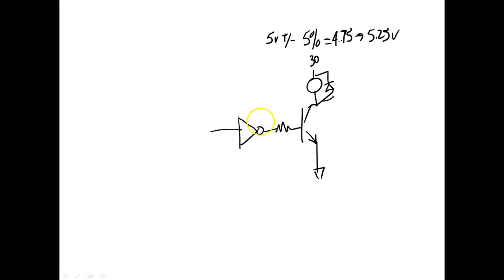For one thing, it can only source 400 microamps. Now it can sink 16 milliamps. So we'd have a problem with this guy, right? We're going to have a problem right off the bat because it won't be able to turn the transistor on trying to output a high. It'll be able to turn it off without any problem when it switches it to ground, but it won't be able to do what? Turn it on. Okay, does that make sense?